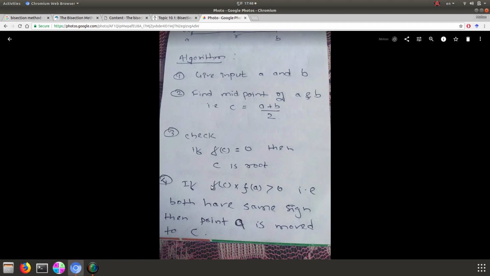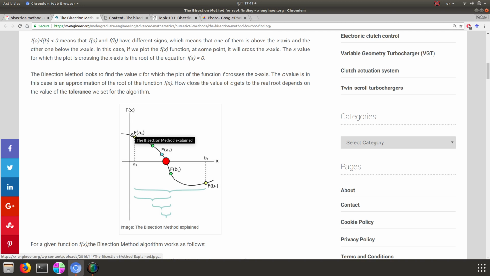But if f of c is not equal to 0, then we should check something else. First condition: if f of c times f of a is greater than 0, that means f of c and f of a both have the same sign. See here, f of a is this, and f of c suppose lies towards this side, and the root lies towards that side. Then both f of a1 and f of c would have the same sign.